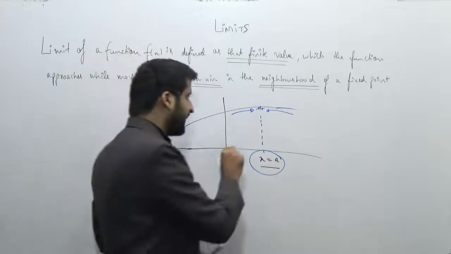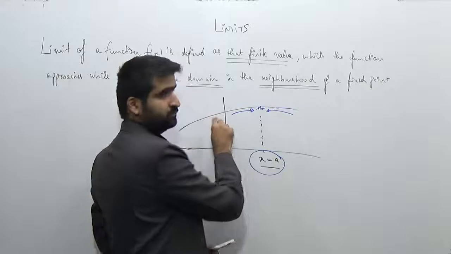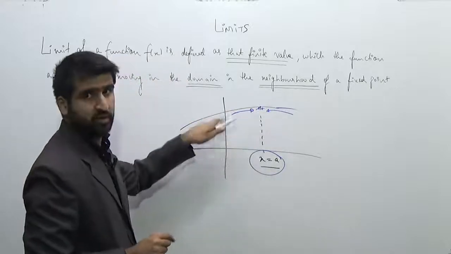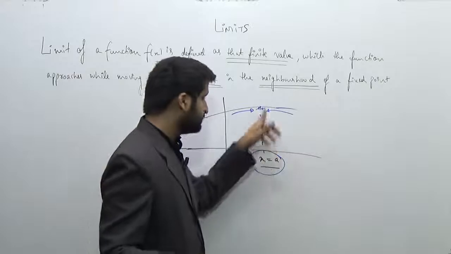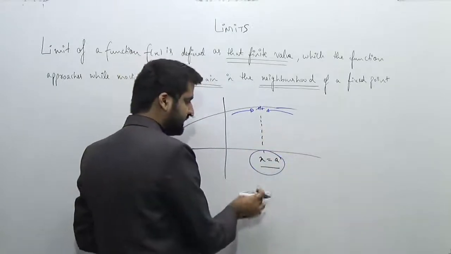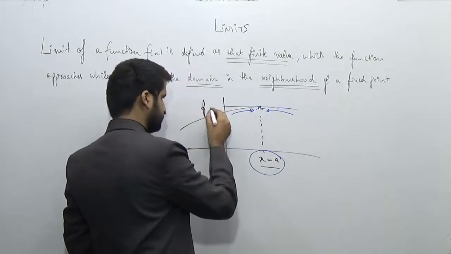So as we are trying to approach the finite value x = a, the value of this function at x = a will be on the y-axis. The value of the function at x = a will be equal to the limit. So we can say that at x = a, the limit will be f(a).